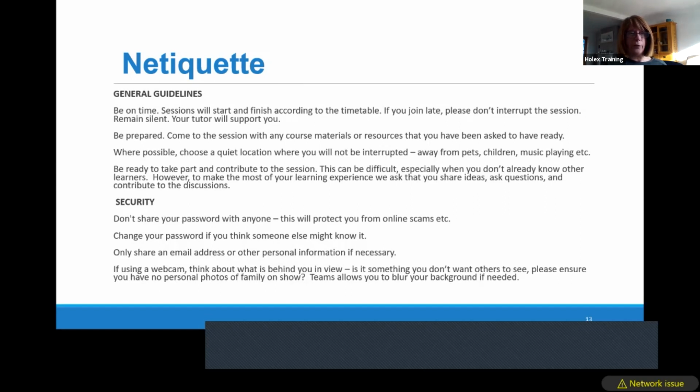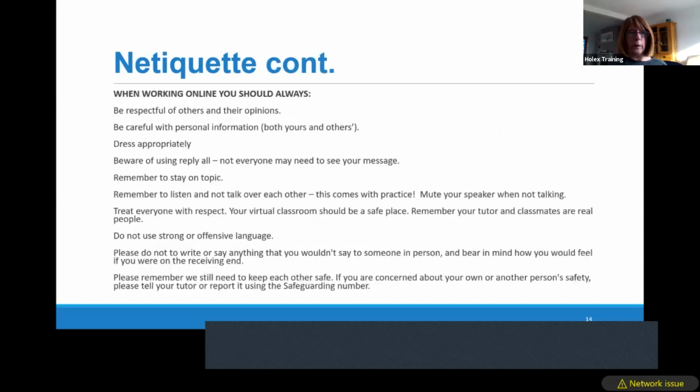So it's really hard to communicate with people and teach them when they're just a round circle with initials on it. There are things you can do. Teams allows you to blur your background or to have a background on if you're using it. And whatever platform you're on, there are usually some alternatives to just having your room in the background in view.